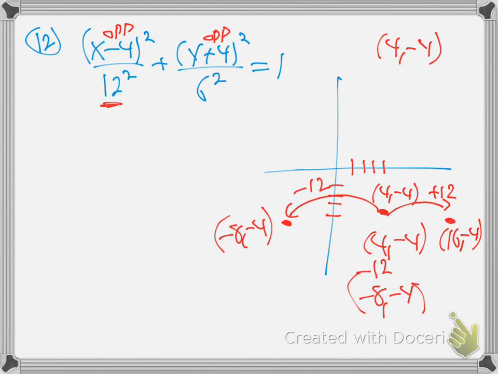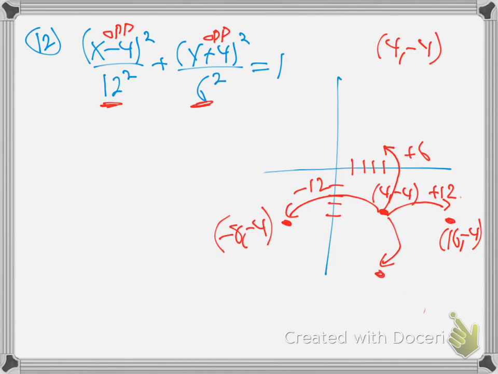Now, how about the up, down? Well, what's underneath y is 6, so that means I'll go up 6 and down 6, won't I? So up 6 and down 6. So how do you find the coordinates of those two new dots? Yeah, so you take the center, 4, negative 4, and you add 6 to the y, and then subtract 6 from the y coordinate, because up, down.